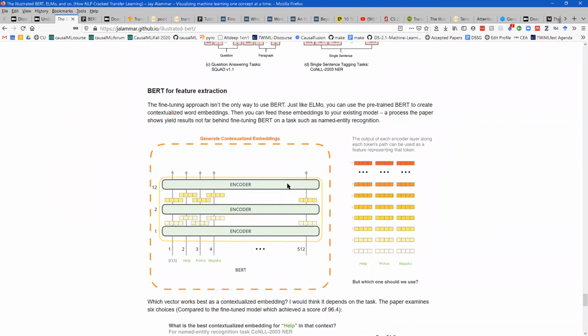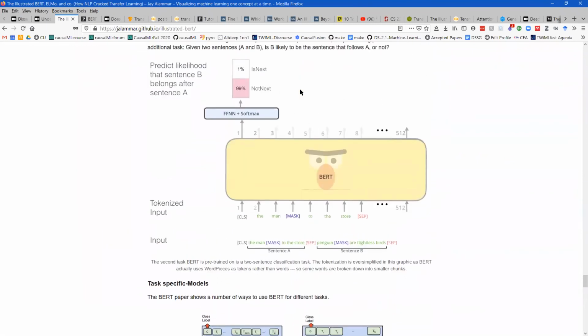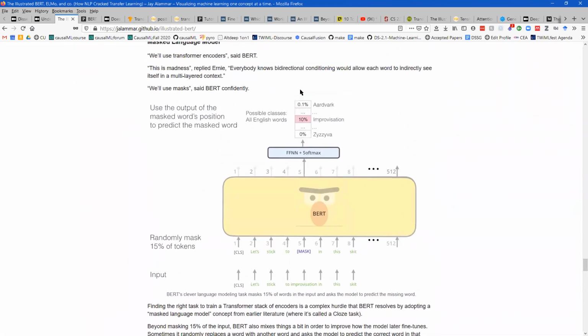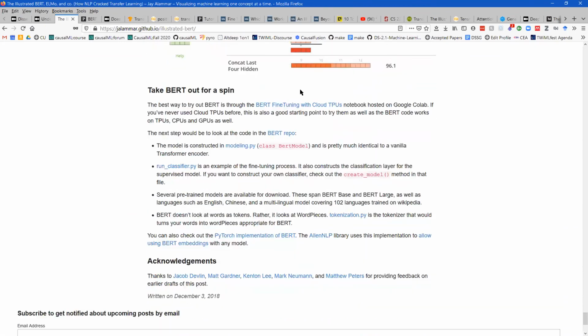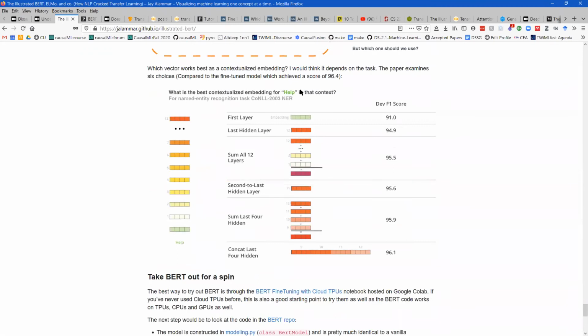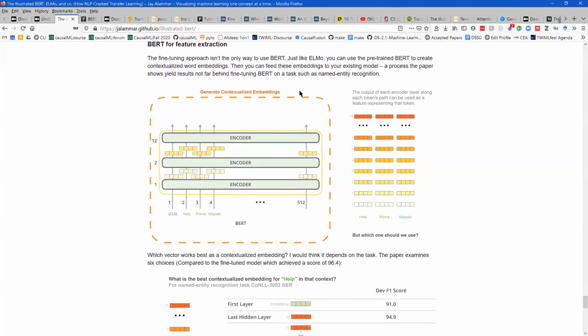So he says the pre-trained BERT, which we talked about up here, the one trained on these two tasks, the masked language model and the two-sentence task, can be used directly for finding contextualized word embeddings, just like ELMo does. So you do that, you get these contextualized embeddings, and then you can use them in whatever model you're working on.